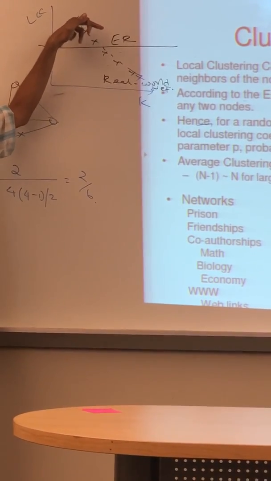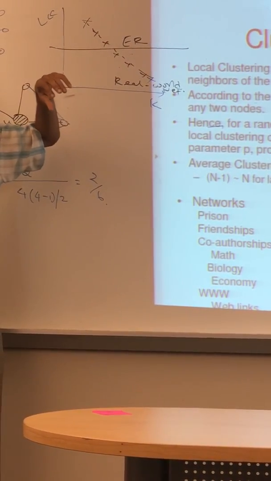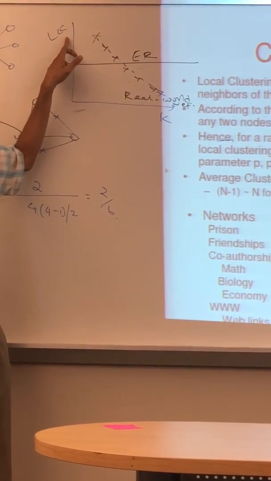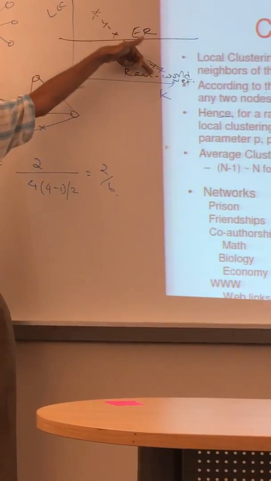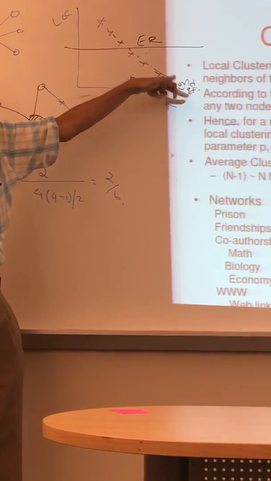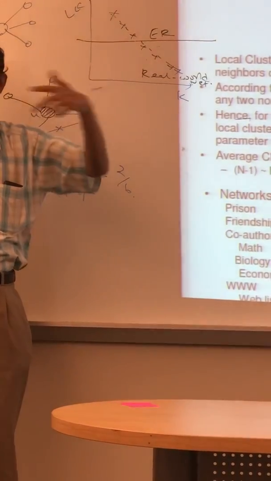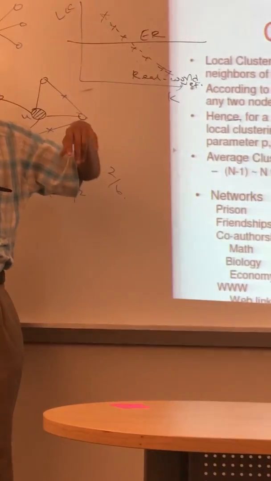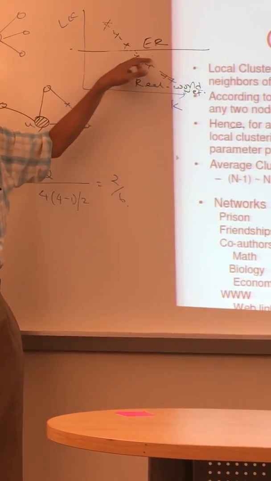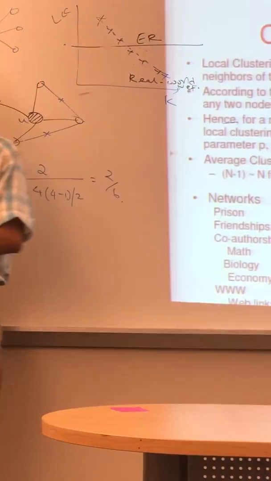If the distribution of k versus local clustering coefficient is a decreasing trend like this, then it's not a random network. The links are created more preferentially. Again, random means just 2 random nodes connected to each other. Whereas if the distribution is more like a straight line, the real world network is more random in nature.